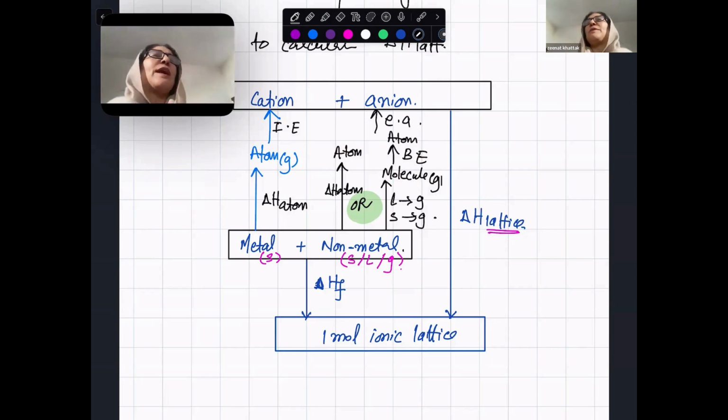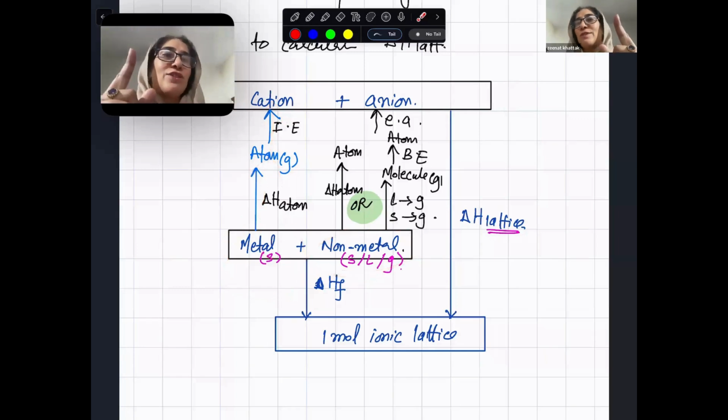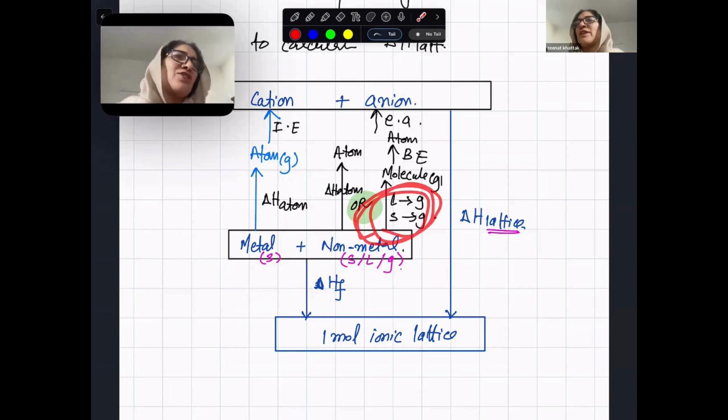Look what happens in Born-Haber cycle. The metal atomizes, then loses electron. For the non-metal, in that question there could be atomization, which is very less likely to occur. Most of the time, in the new papers, they use vaporization, sublimation, and bond energy concepts more, right?